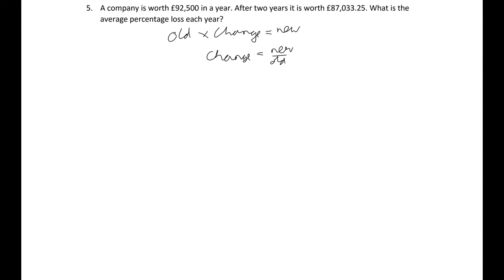Our new price is the smaller one in this case because we're losing money. It's 87,033.25. We're dividing that by 92,500, right? And when we do that, we get 0.9409.